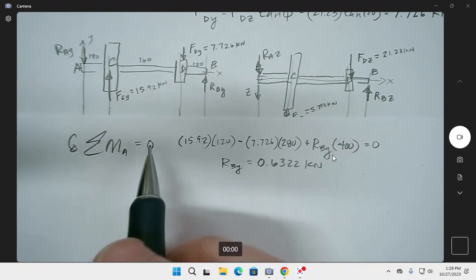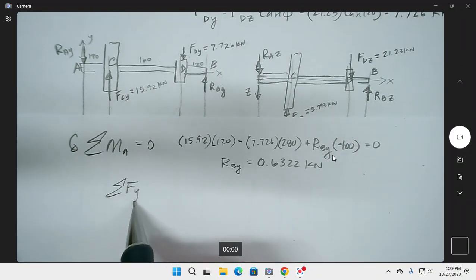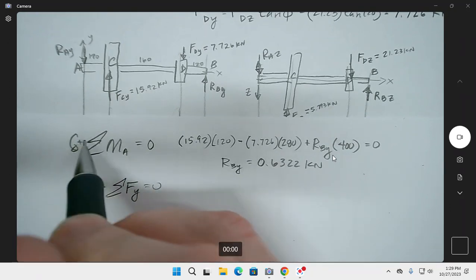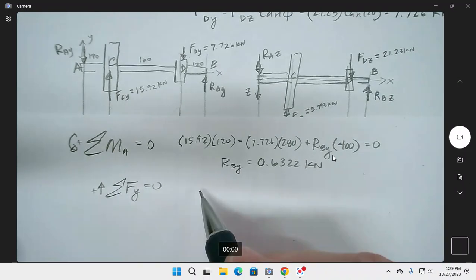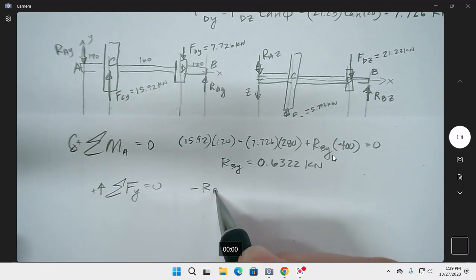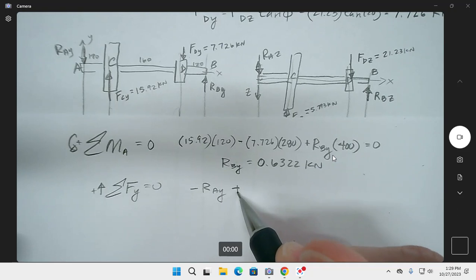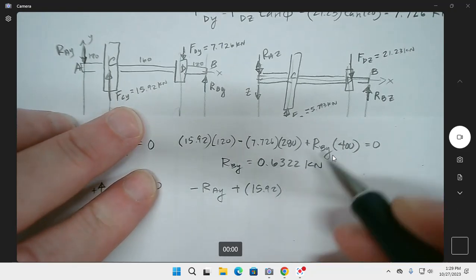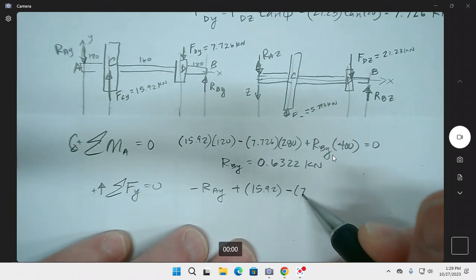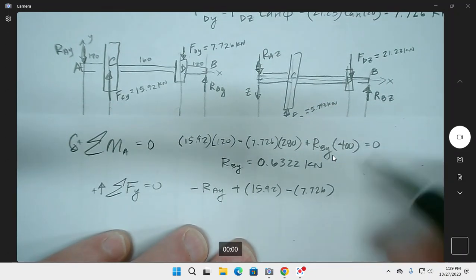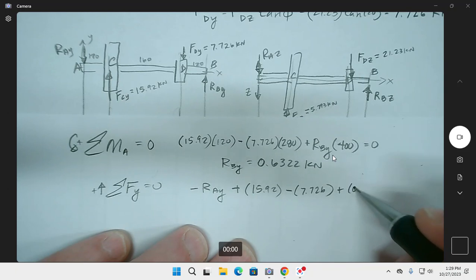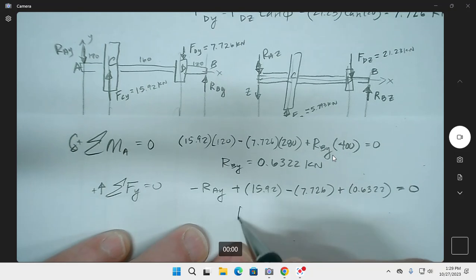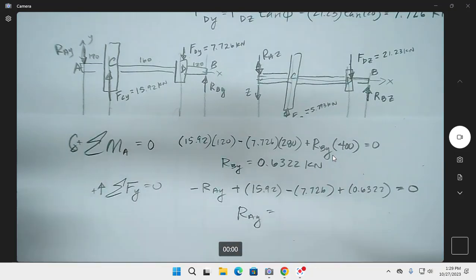And then sum of the forces in the y direction equals 0. And I decided to go negative RAY plus 15.92 minus 7.726 plus 0.6322 equals 0. So let's see what we get for RAY.